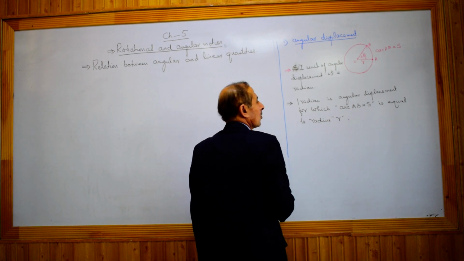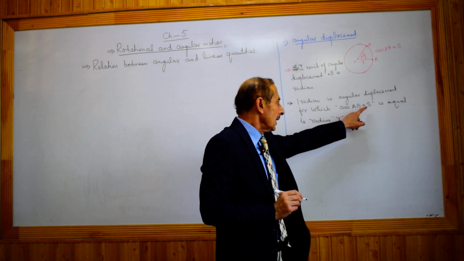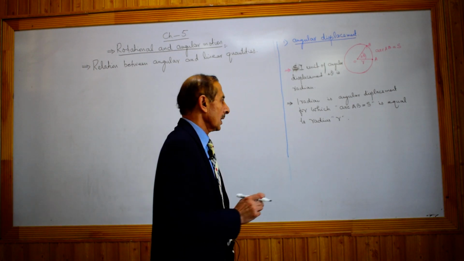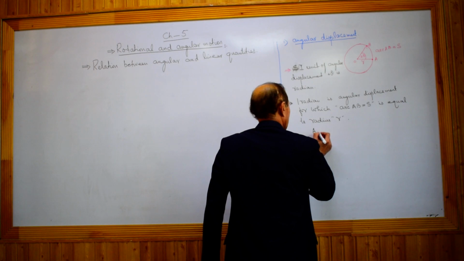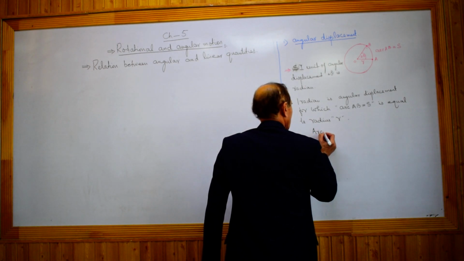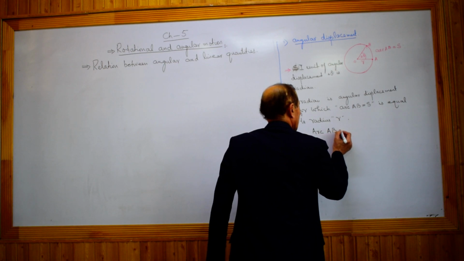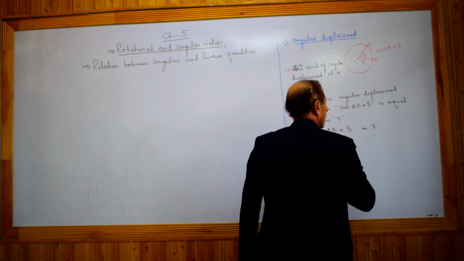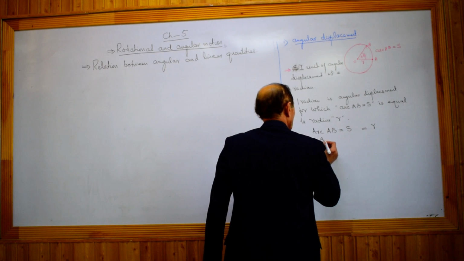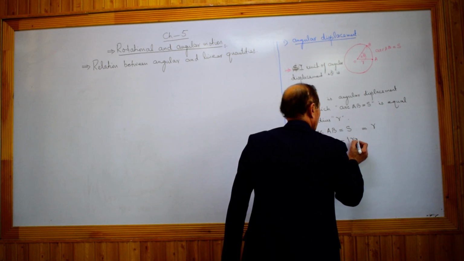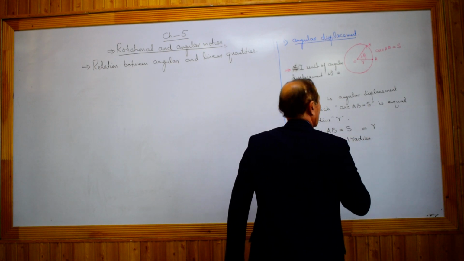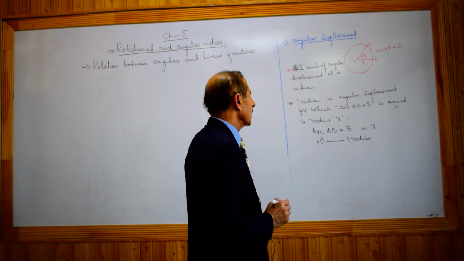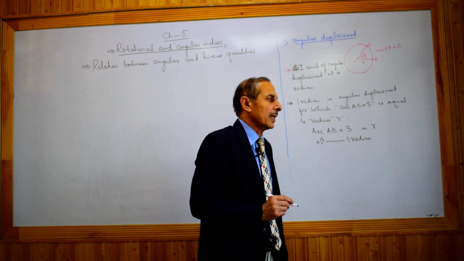When arc AB, which is equal to S, is equal to radius के बराबर है, then theta is equal to 1 radian. तो एंगल AOB, which is equal to delta theta, is equal to 1 radian.